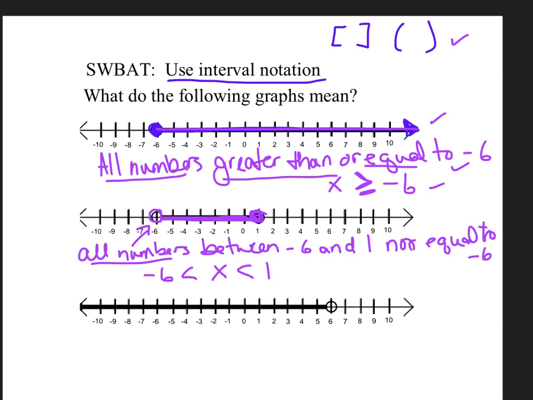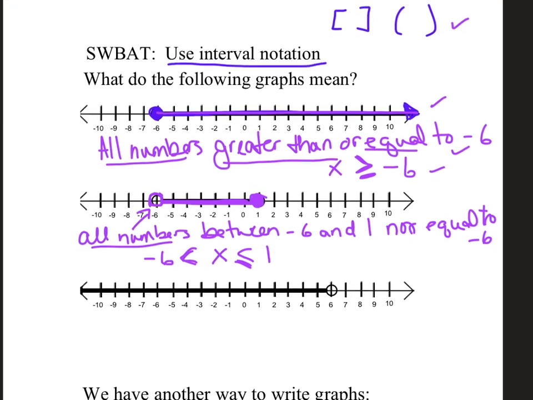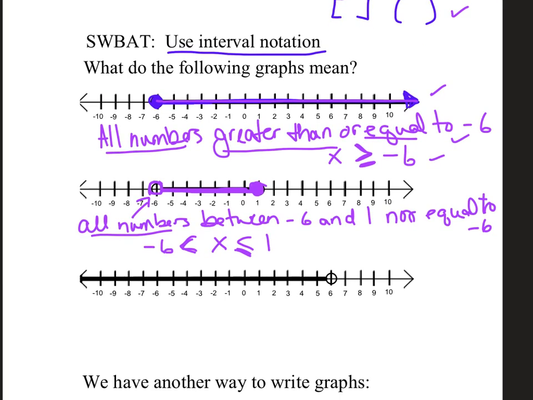So that's between -6 and 1. But you could be equal to 1, so we color it in. Open circle, or not colored in circle, is just less than. That one's a little bit confusing, but hopefully you can get the other ones a little bit easier.